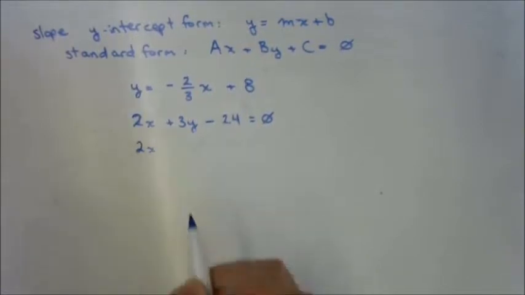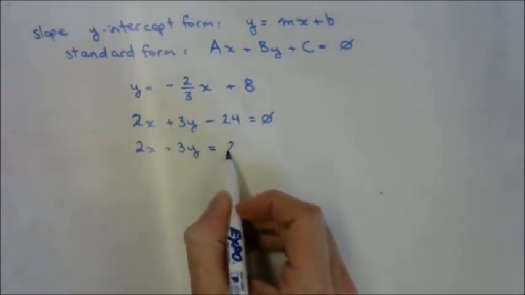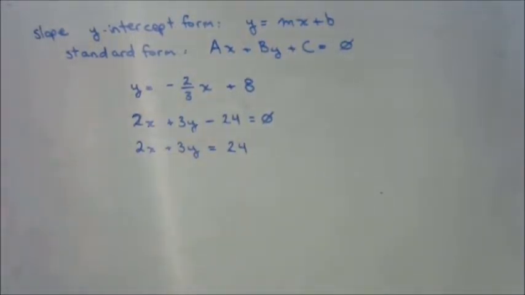This part's not changed: 2x plus 3y equals positive 24. What did I do to get that next form? All I did was add 24 to both sides. Piece of cake.